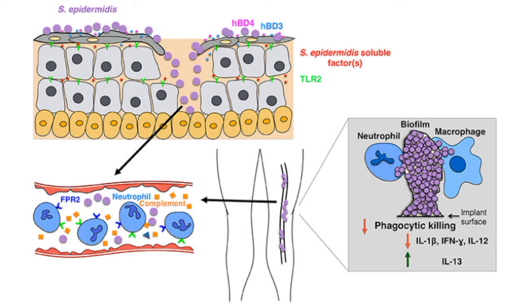One of the main virulence factors of Staph epidermidis is its glycocalyx, meaning it secretes a slime layer. As you can see here, it produces the glycocalyx, and we already learned that the glycocalyx forms the biofilm.